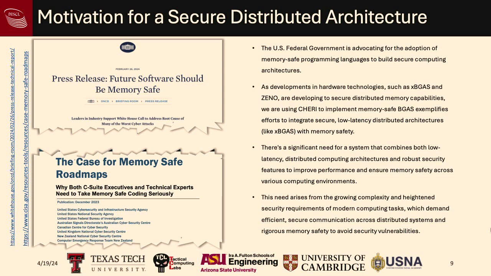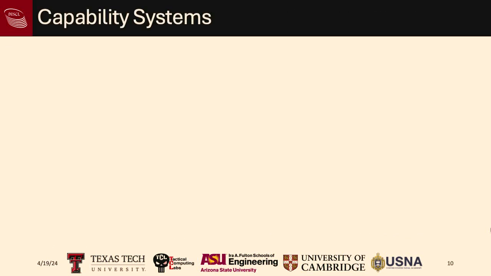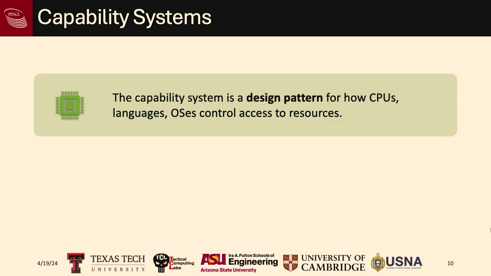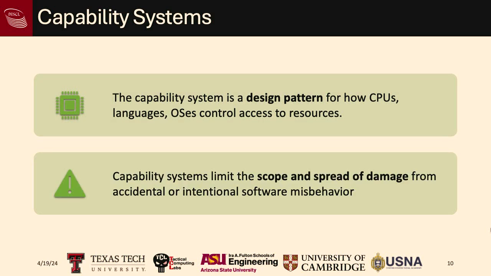Goals. And let's talk about a little bit of how we can secure these by the use of capability systems. So capability systems offer a design pattern for us to secure the scope and spread of damage of memory safety issues.